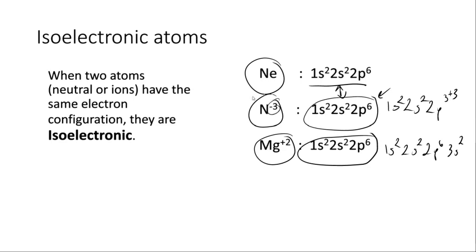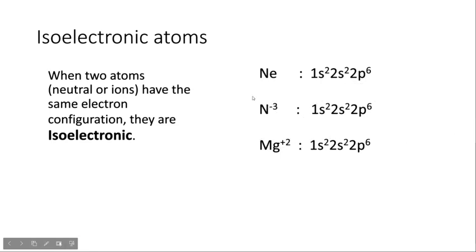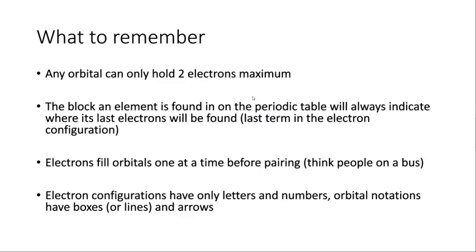You're adding electrons. And we took away 2 electrons here, because that's what happens when you make a positive ion. We end up with the same electron configuration as neon. So that is isoelectronic atoms. Anytime you have atoms that have the same electron configuration, they're going to be called isoelectronic.